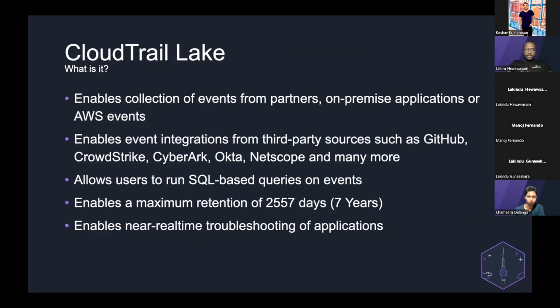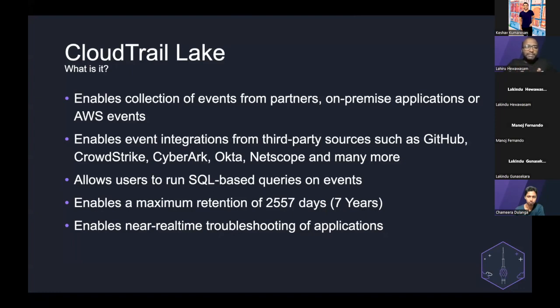Last but not least, in the security purview, for this time, we have CloudTrail Lake. This was introduced in late January 2022, if I'm not mistaken. And this is actually an option within the CloudTrail console.